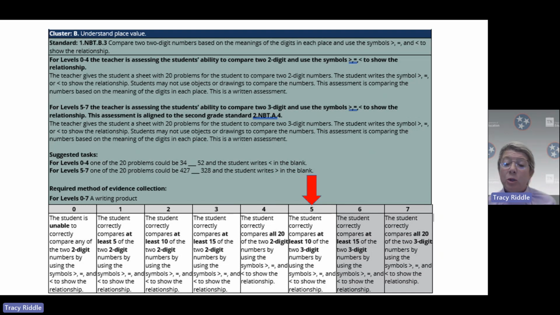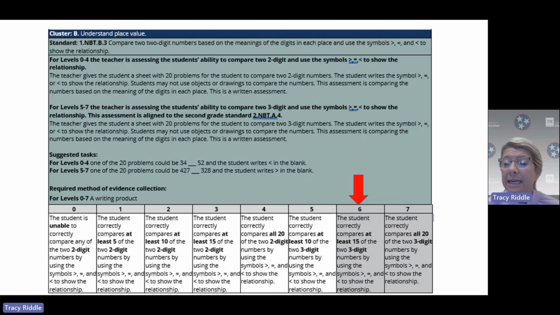If the student scores at a level 5, you do not have to upload evidence of the student scoring at least the level 4. If the student is not able to be successful at least 10 of the two three-digit numbers, upload the evidence showing that the student can do 20 of the two-digit number comparisons.